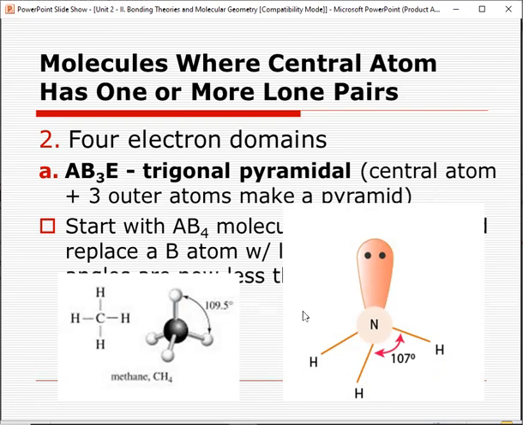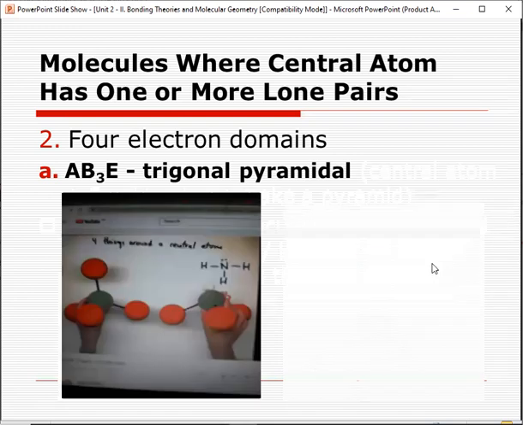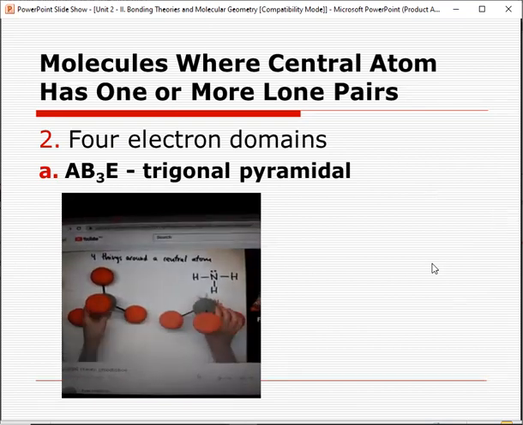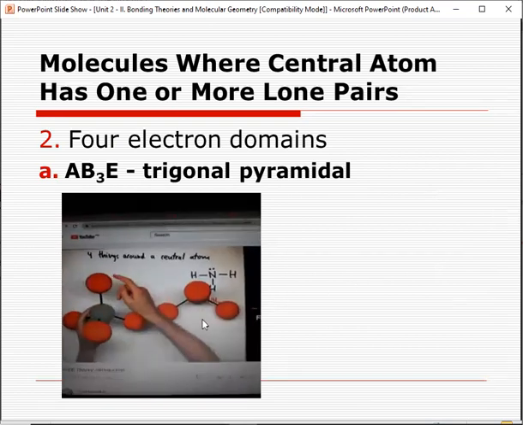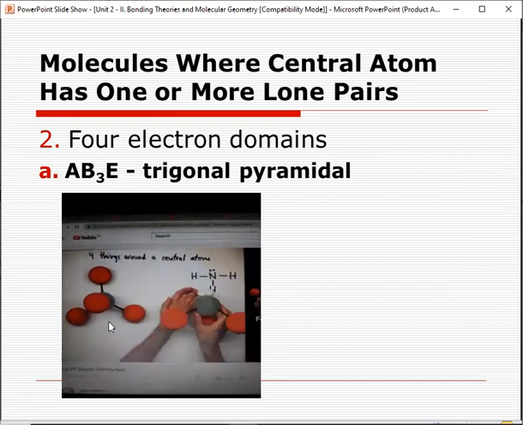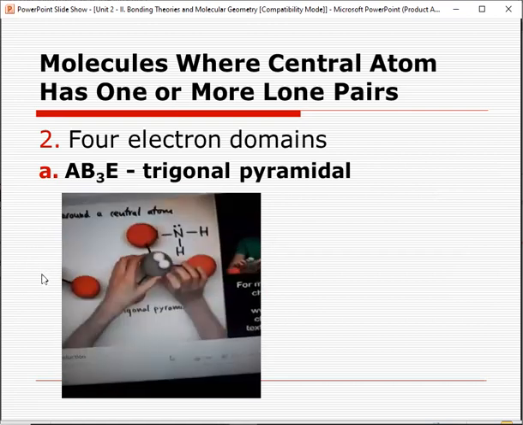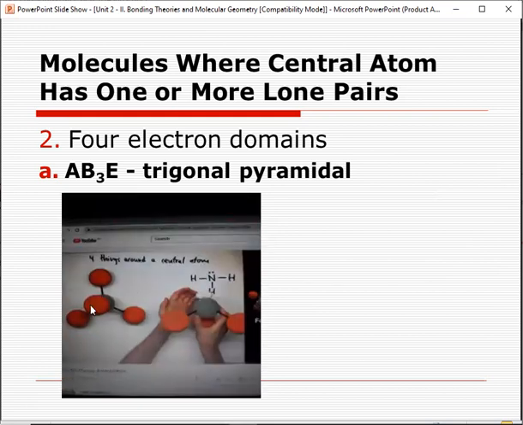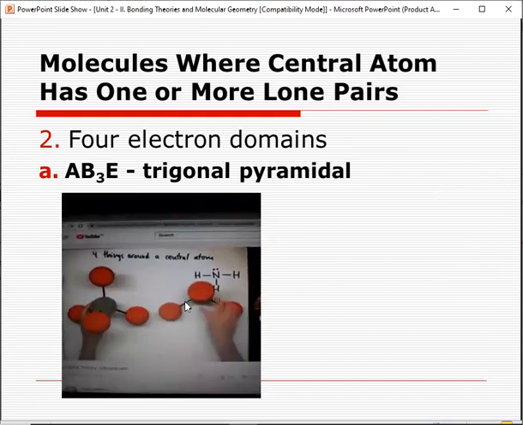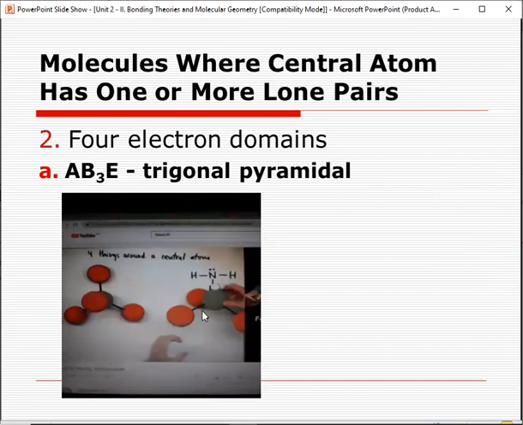So, ang pag-write ani is same sa tetrahedral, but then ilisan nimo ang isa ka B or isa ka outer atom with one lone pair. Okay, so for the actual picture or actual molecule or geometry, inani iyang nawong. So this is the tetrahedral and this is the trigonal pyramidal.